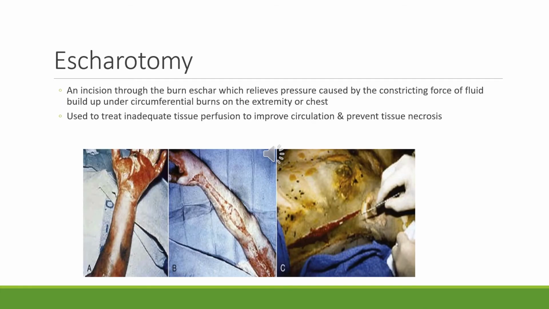And here are some great pictures of escharotomy. And again, you can see that a couple of these are on the upper extremity, so we worry about the constriction and the buildup of fluid on the hand itself and the tissue that can actually cause decreased tissue perfusion.